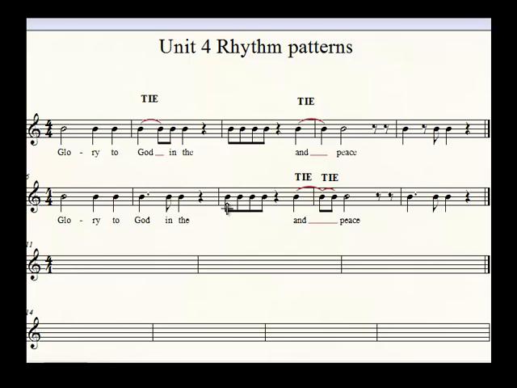And now with the words, some tas and the words "and peace." Here we go. Ta, ta, ta, ta, and peace. That's right. Notice when I sing the word peace, I held it for 2 beats, and I put the s at the end when the rest comes.